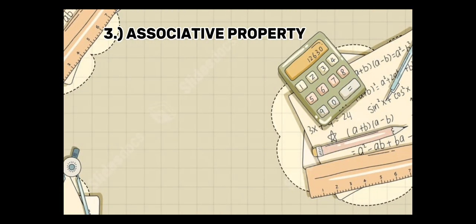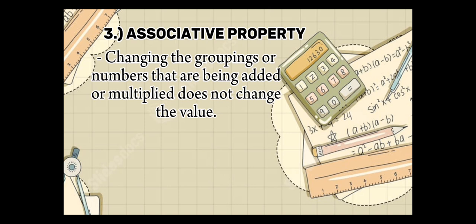Number 3 is the associative property. Changing the grouping of numbers that are being added or multiplied does not change the value. This property is about groupings. You can change how you group numbers when adding or multiplying, and the answer doesn't change. For example, the sum of 3 plus 4 plus 2 is equal to 3 plus the sum of 4 plus 2.